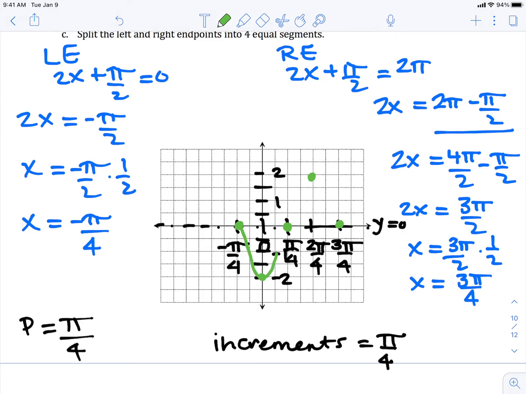So here is 1 revolution for our function. We could graph another revolution by extending those increments and then continuing that pattern.